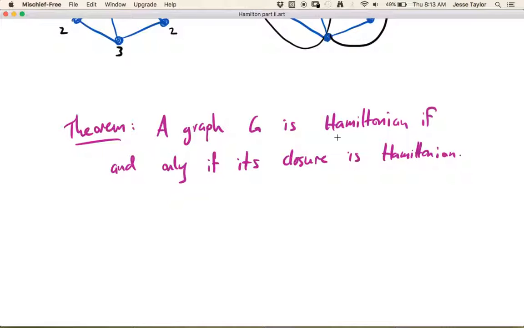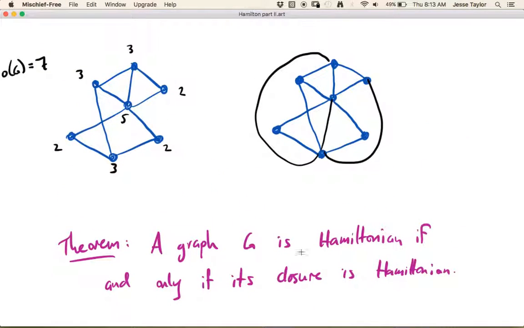So if you're trying to figure out if a graph is a Hamiltonian graph, you can just imagine taking the closure, which will give you more options. If you give yourself more options, it seems like it should be easier to find a Hamilton cycle. But it turns out you can find a Hamilton cycle in this graph exactly when you can find a Hamilton cycle in this graph.